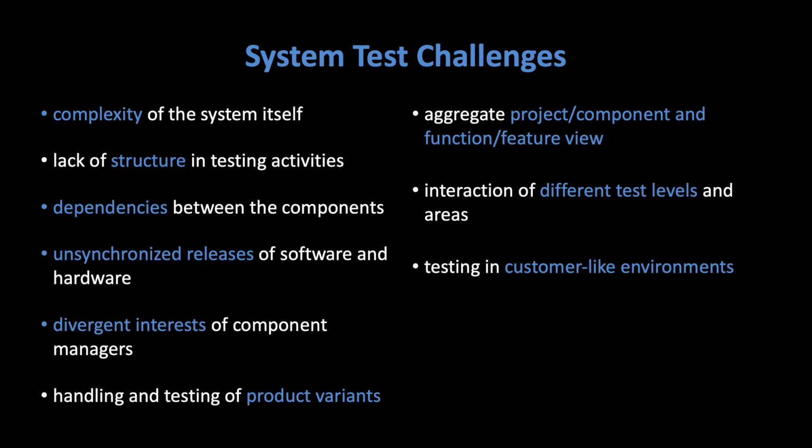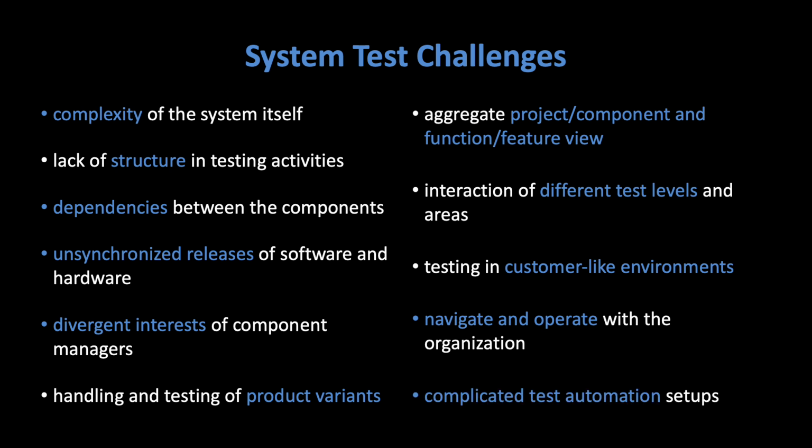And at the end of those test levels, you of course try to achieve a customer-like environment to simulate how customers experience the product, and that might also not always be easy to make sure that you have those environments. And of course you have politics of organizations that you need to navigate and operate within. And finally, test automation is something you would strive for, but when it comes to complex systems, that might also not be easy.